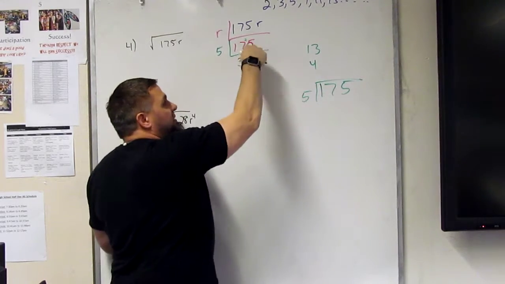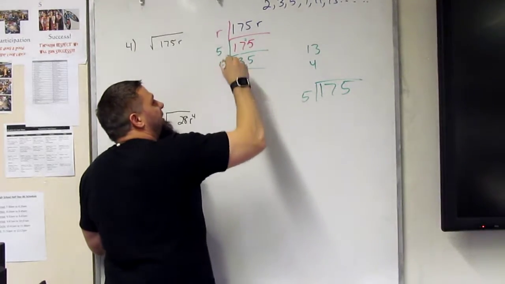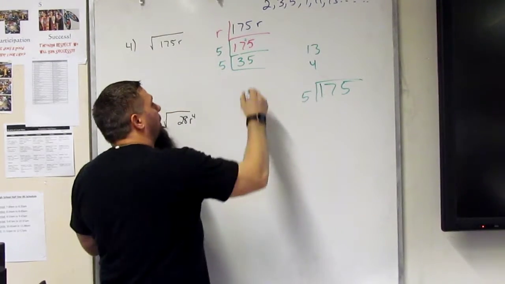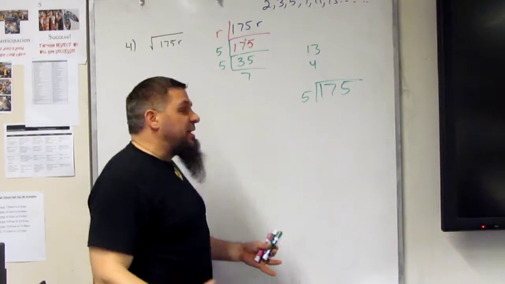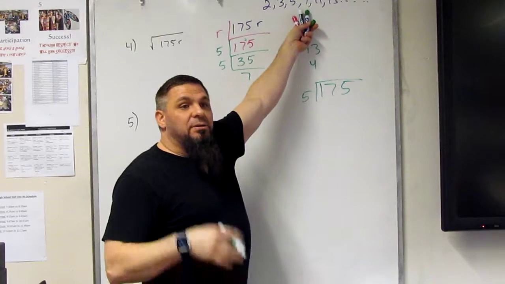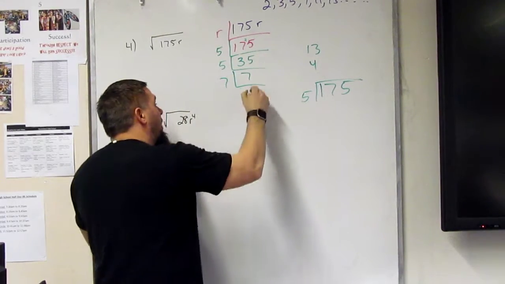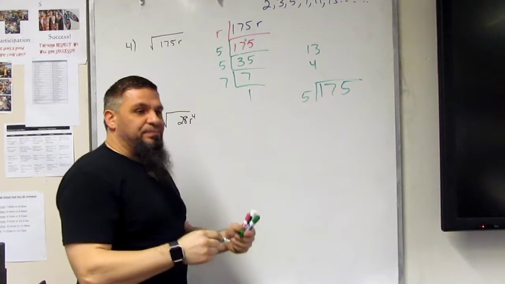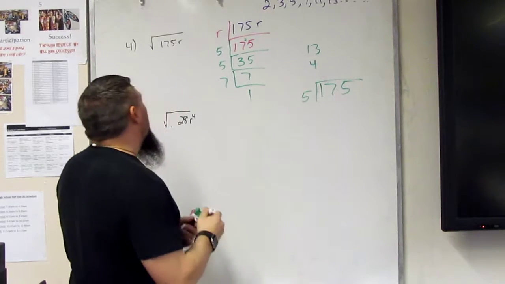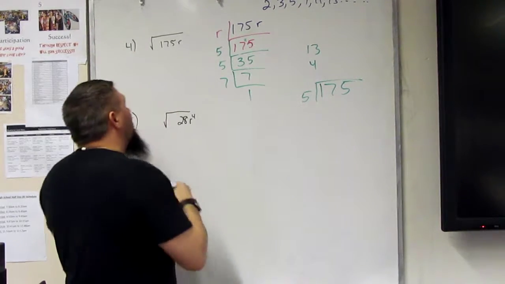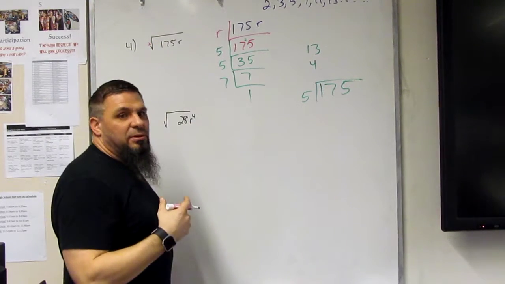What's 5 go into 25? 5 times. Then 5 goes into this 7 times? Does 5 go into 7? Not nicely, so we move to the next number, 7. 7 goes into 7 once. When you get to 1, you're done. We have to remember that when there's nothing showing here, there's actually a little tiny 2.